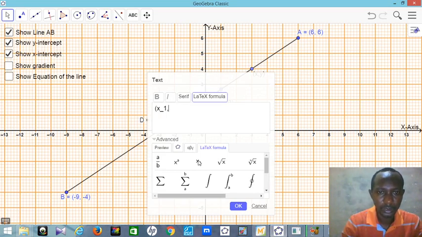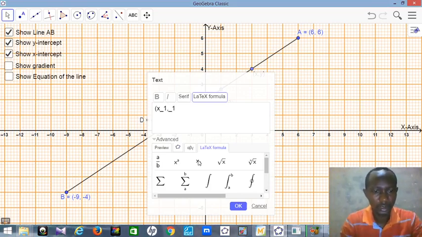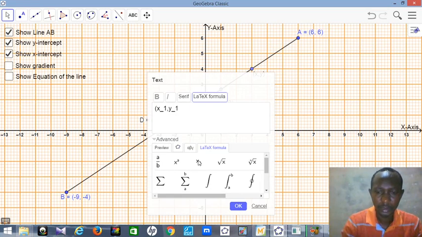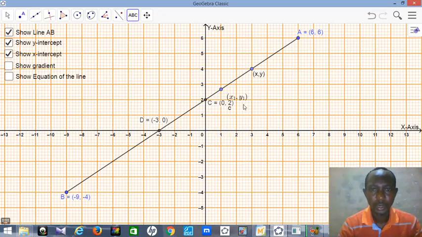Okay, then which is y1. Okay, so this is what I'm talking about.